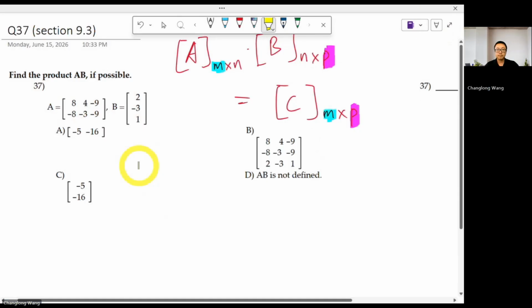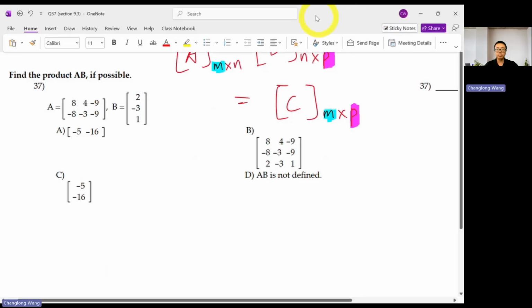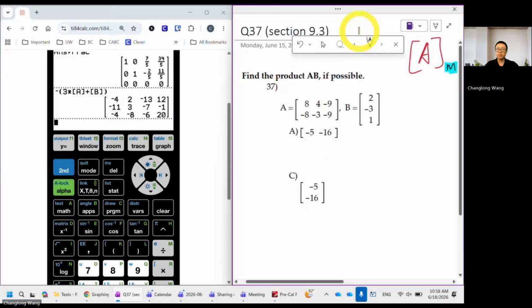Now, what about the two matrices I typed up in the calculator?